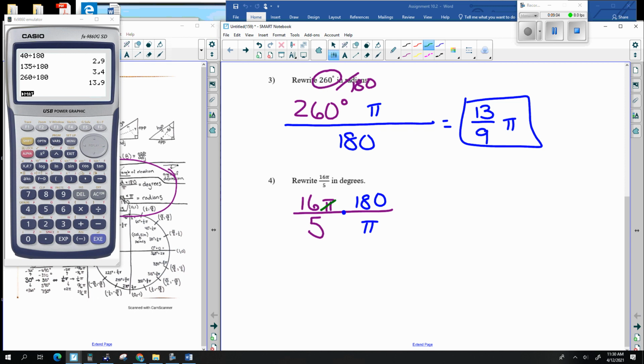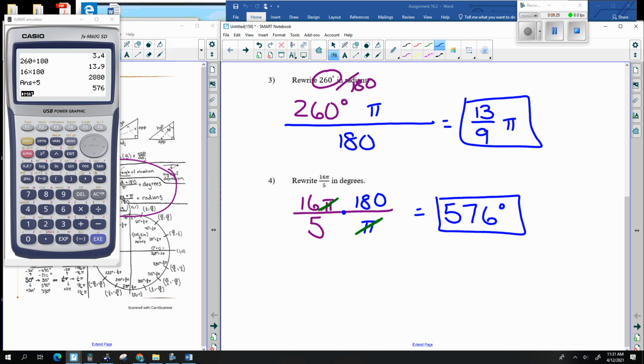The pi's are going to cancel each other out, and I'm left with 16 times 180 divided by 5. That's 576 degrees.